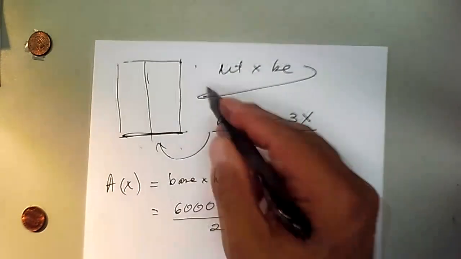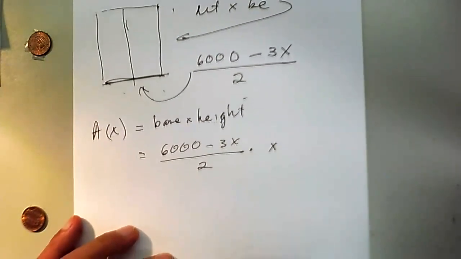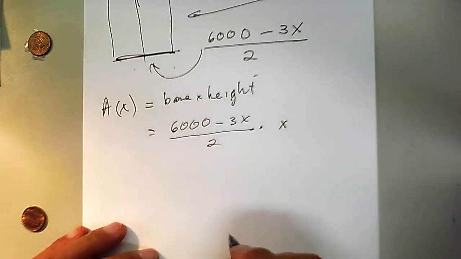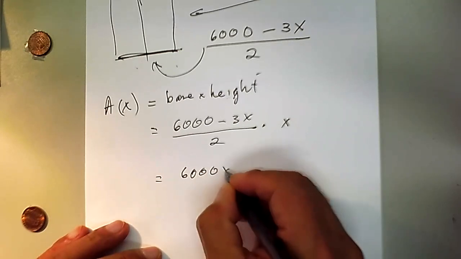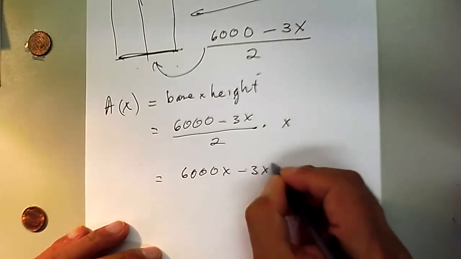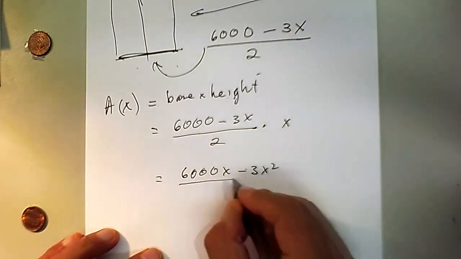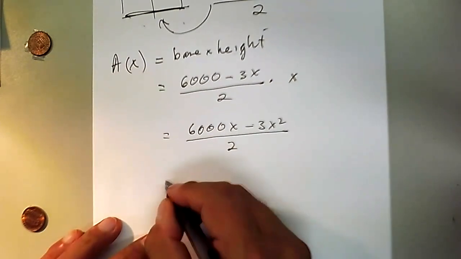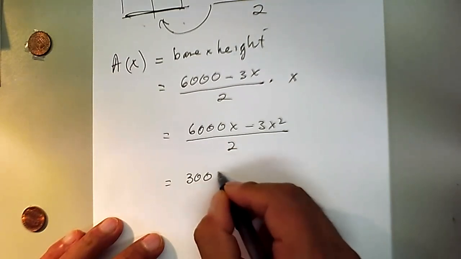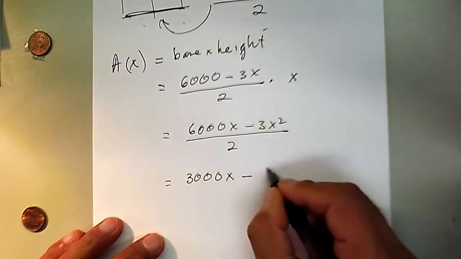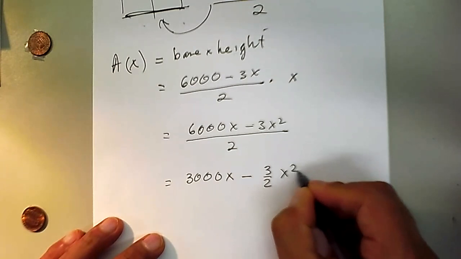Oh, times the height, which is x. All right. So this is going to be 6,000x minus 3x squared, because we're going to multiply it through, over 2, which is, now we're going to divide, 3,000x minus 3 over 2 x squared.